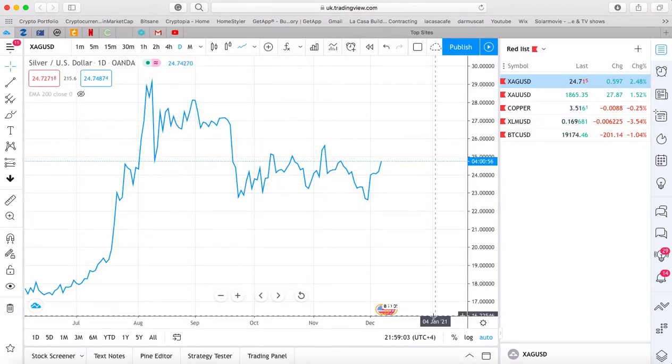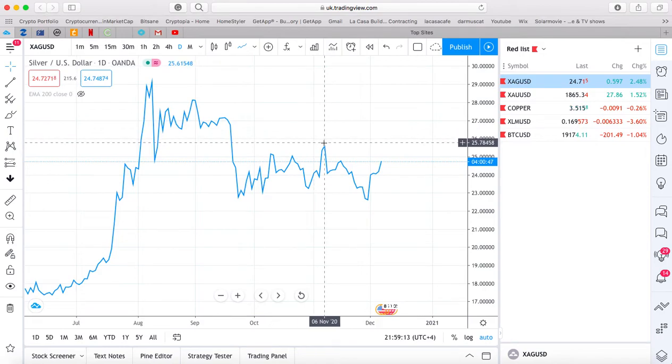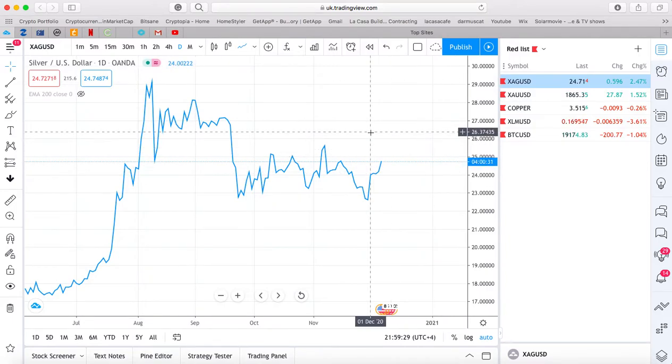Down here it shows you the date or the time, and on the right-hand side it shows the price. For example, if I go right here, on the 6th of November the price was 25.61. You can check here or here. Wherever you're hovering the cursor, it's going to show you the price either here or here, and the date is going to be right here.